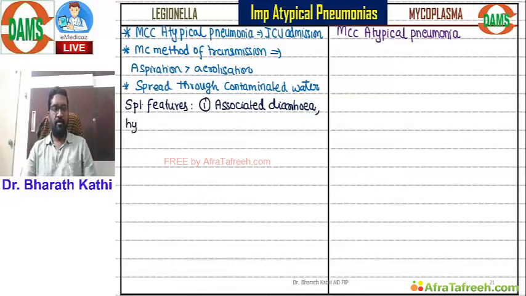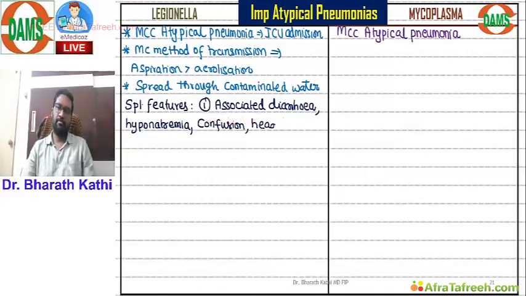Because of fluid loss and CNS involvement, there can be hyponatremia, confusion, headache. All these are CNS manifestations. As a part of systemic involvement, liver can be commonly involved and there can be altered LFTs.